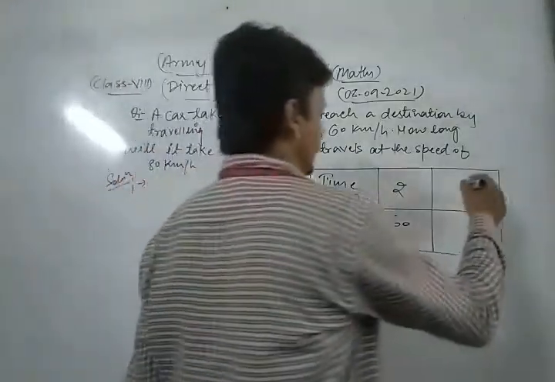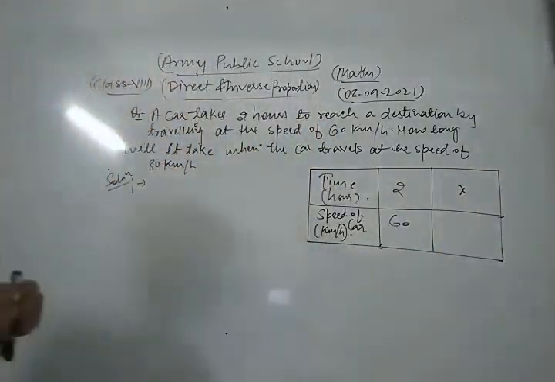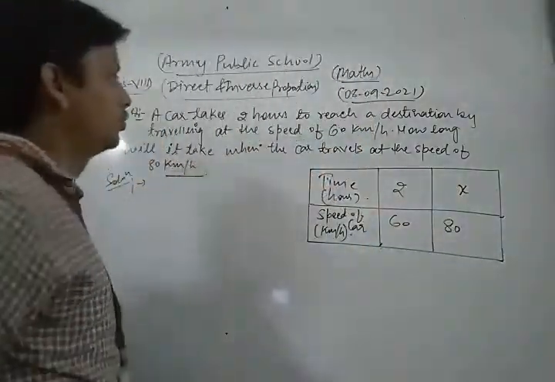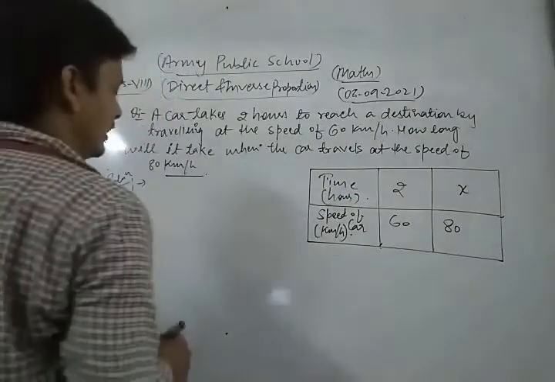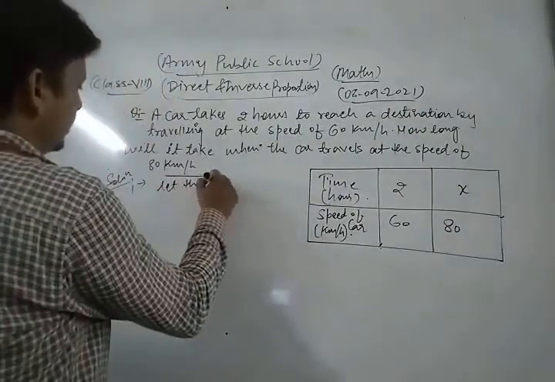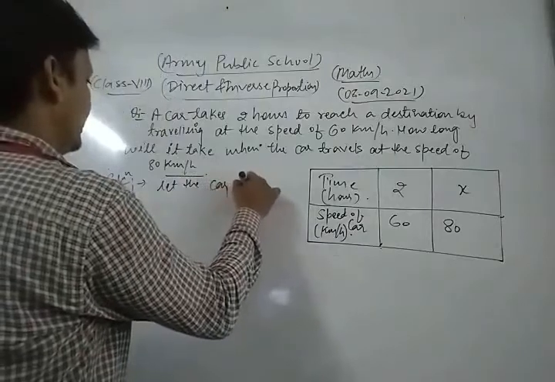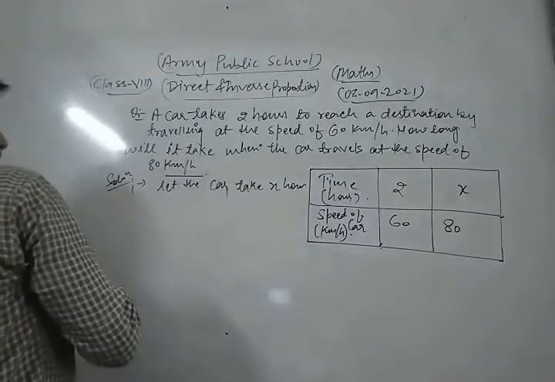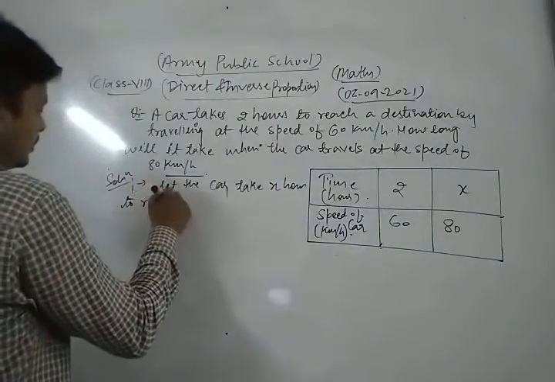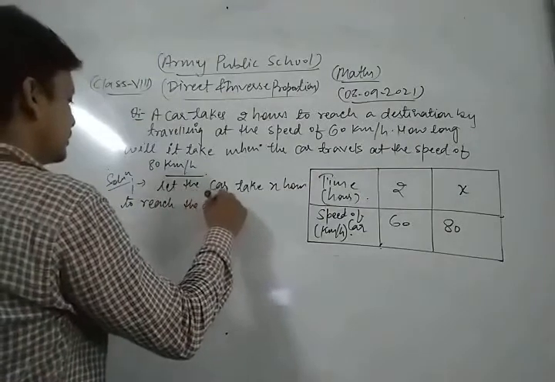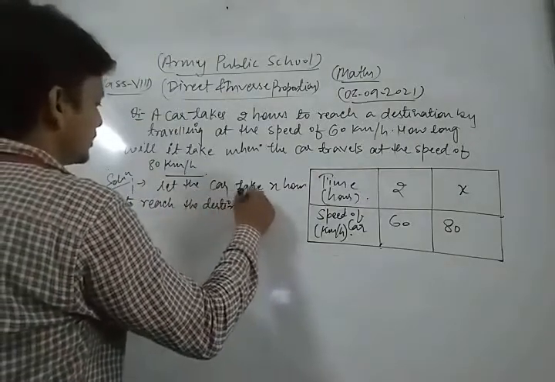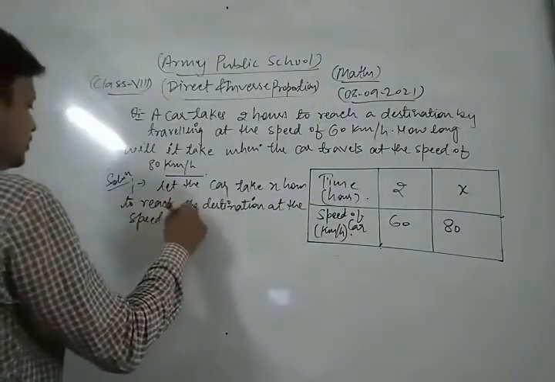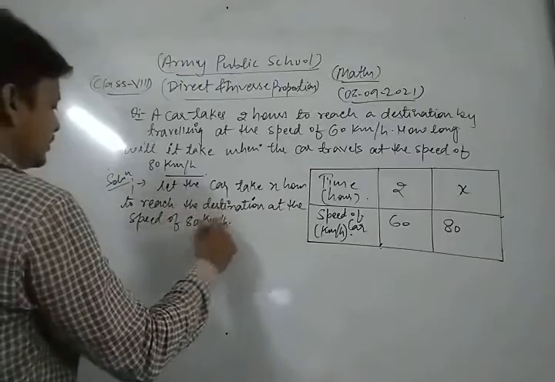Now let it take x hours to complete this destination at the speed of 80 kilometer per hour. So we take that the car takes x hours to reach the destination at the speed of 80 kilometer per hour.